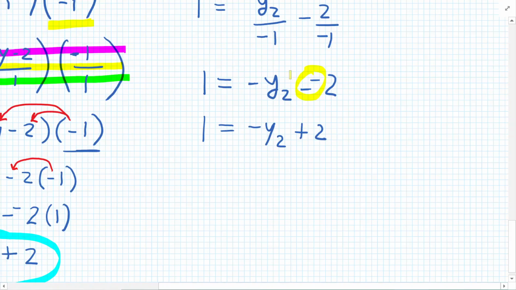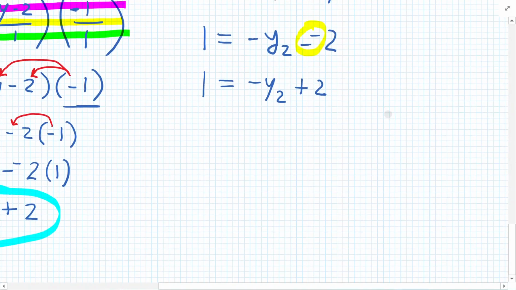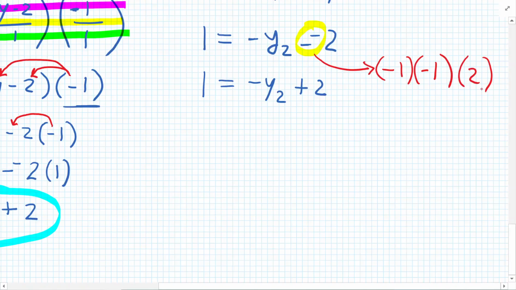Okay. What we're really saying when we have two negatives next to each other is, let's just make this a little more clear. This is just -1 times a -1 times 2. Okay? When you see a negative sign, you can always think it's just a -1 times the number that it precedes.